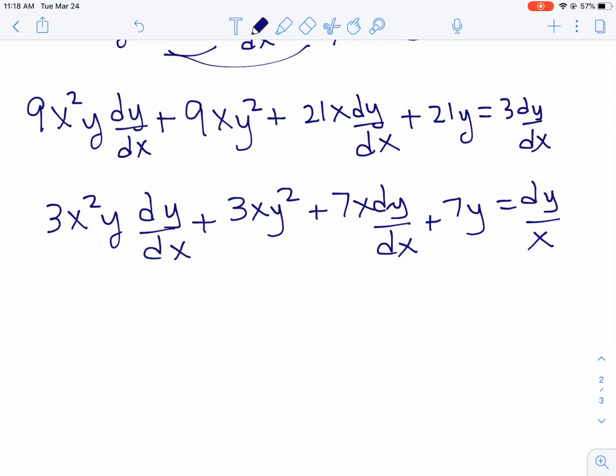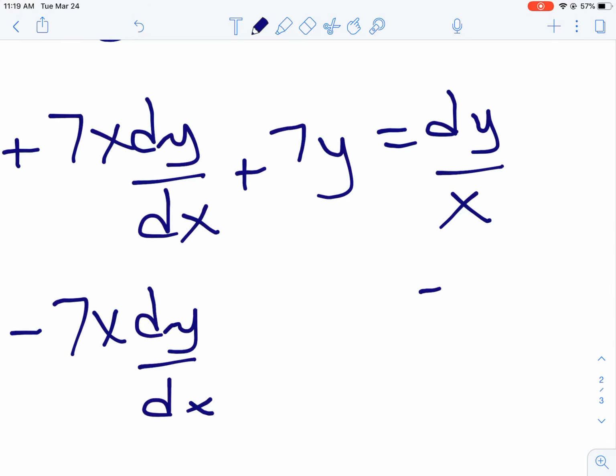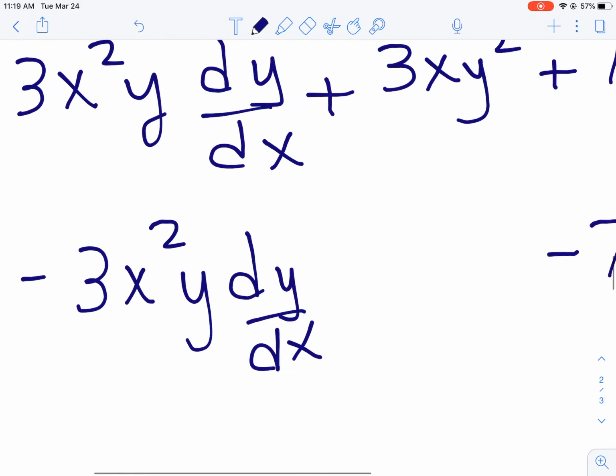All right, so I'm going to subtract these. Again, I'm going to subtract this one and put them on the other side so that all of my dy dx's are on the same side. So I'm going to subtract 3x squared y dy dx, and I'm going to subtract 7x dy dx from this side over here.